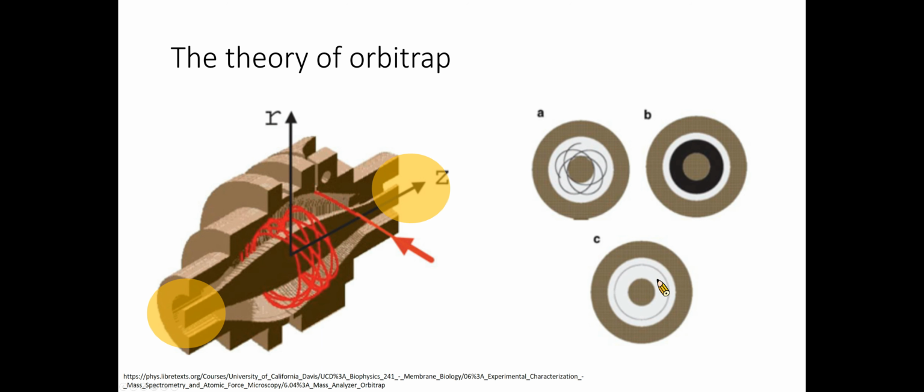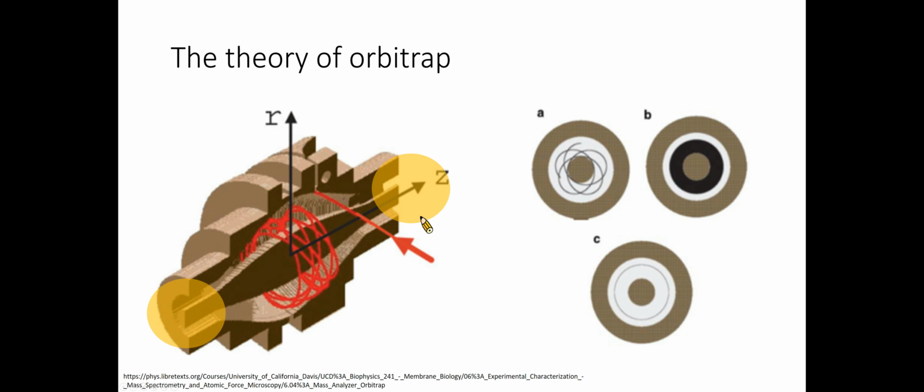The moving ions are trapped around the electrodes, where the electrostatic attraction is compensated by centrifugal force arising from the initial tangential velocity. The potential barriers created by the end electrodes confine the ions axially.